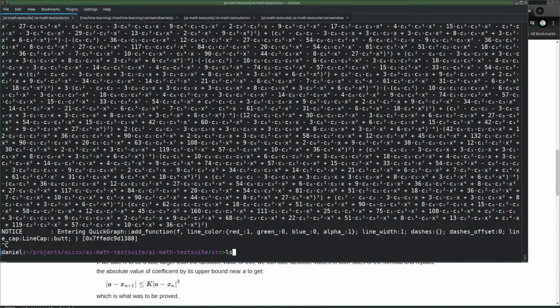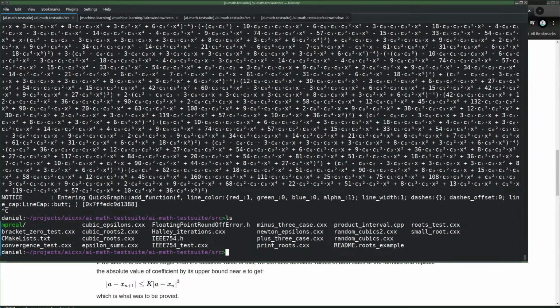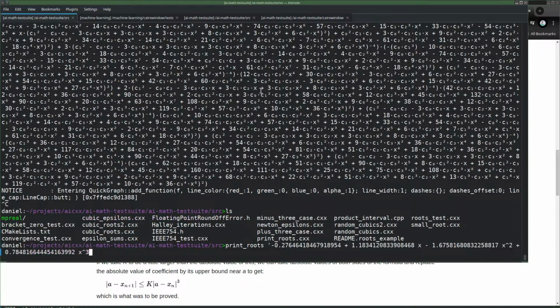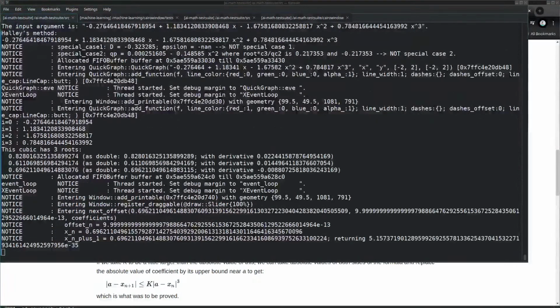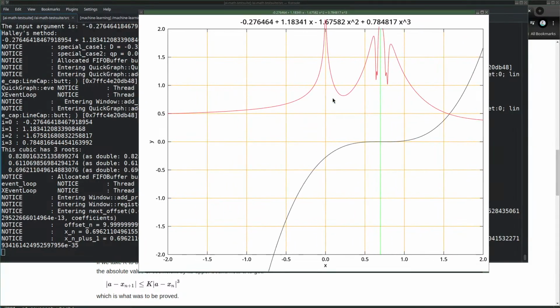And then do print roots. Print roots of this cubic. And that gives then the wrong thing again, where we divide by x. This doesn't change that much. Okay, let's fix it anyway.